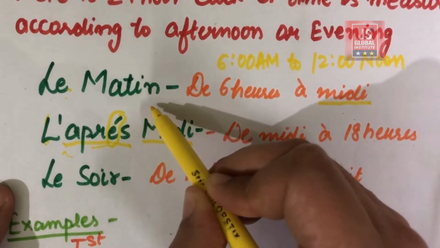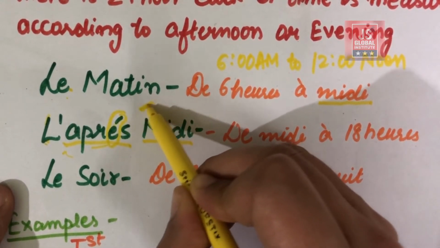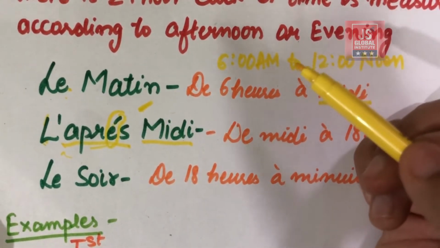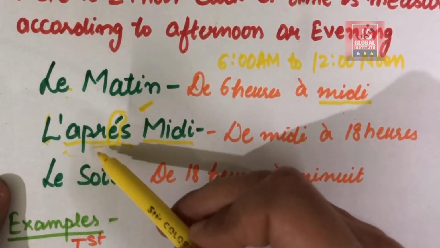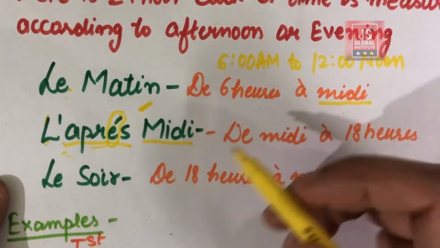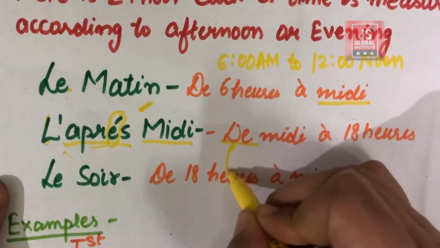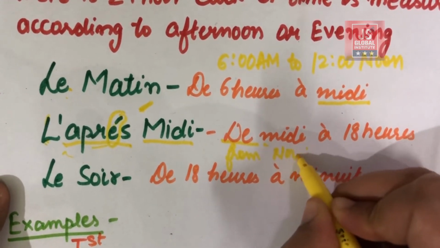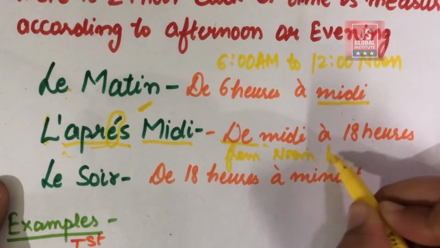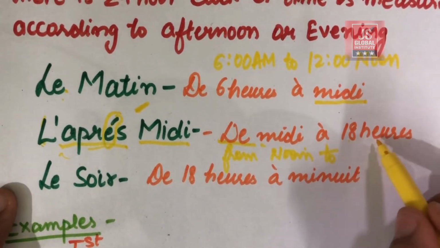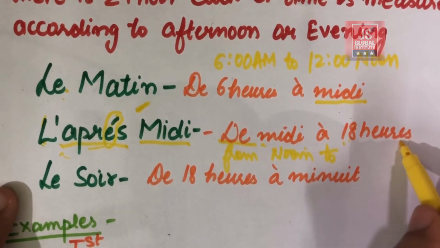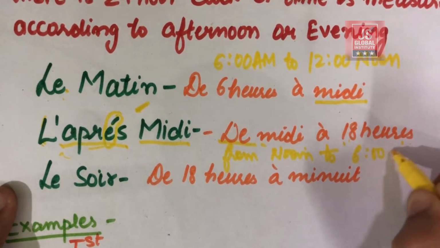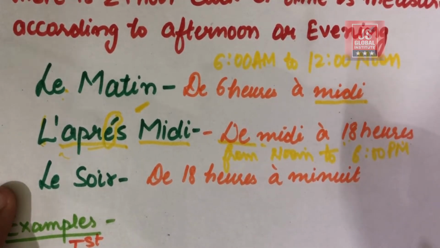This is known as accent aigu, and it produces a sound like A. So the word becomes l'après-midi, and it is from midi, which means noon, à means to, and this is 18 heures, which means 6 PM in the evening.